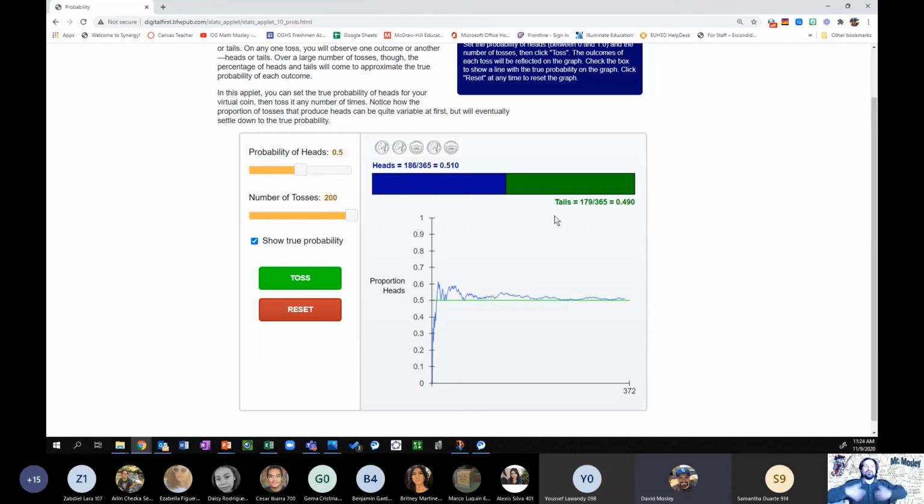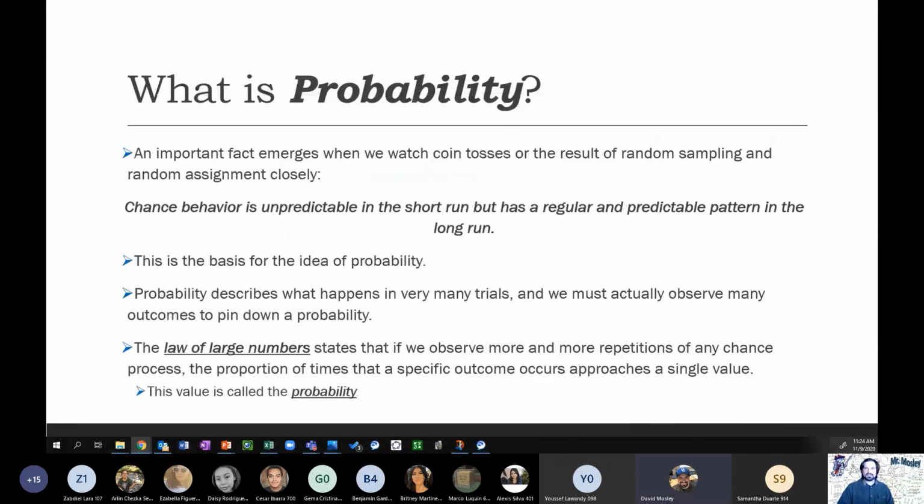If I just keep going and doing more and more, it's going to get closer and closer. This is what we mean by we need many observations and many trials. You can play around with this if you like. It's in the stuff. So that's what it means about approaching a single value.